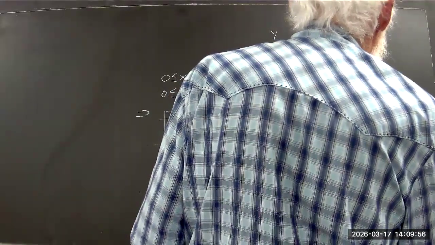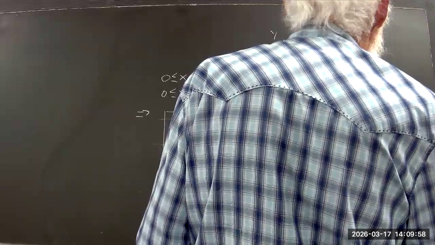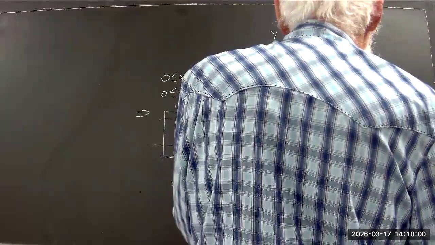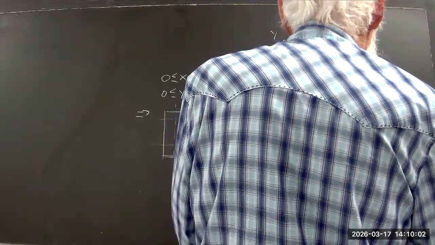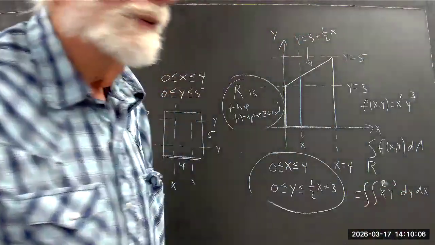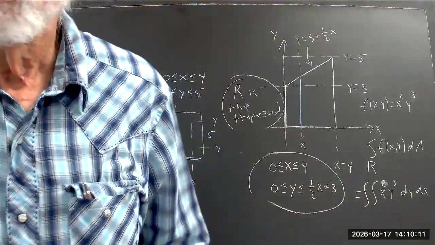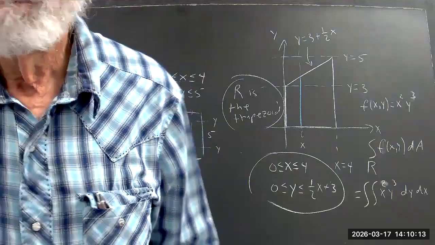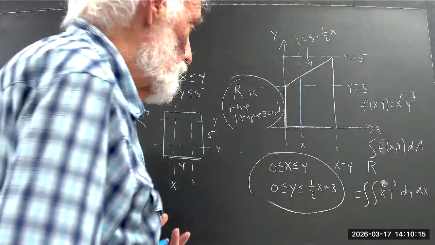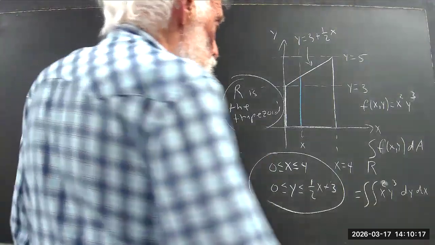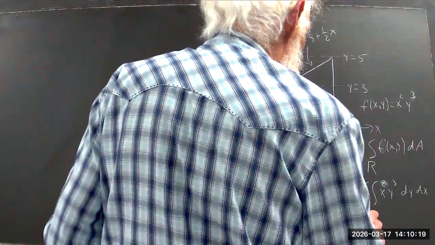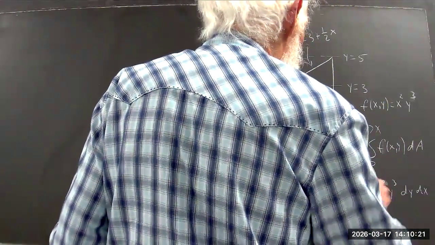And the area is dy dx. It's like a delta y by a delta x. That's an area. Okay? And then to do the integral, x gets integrated from 0 to 4.